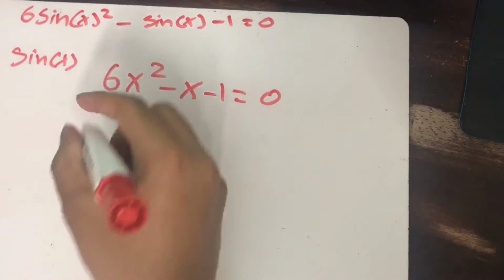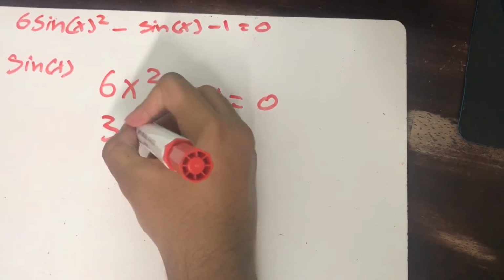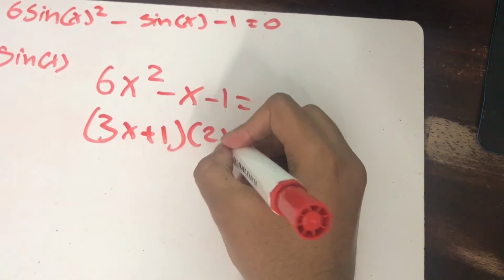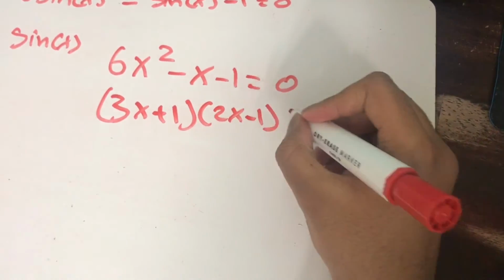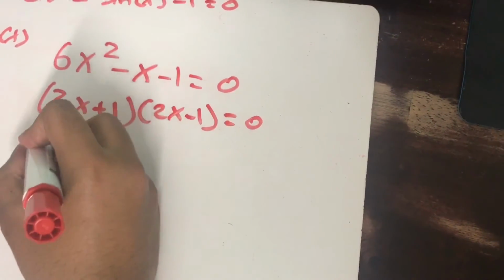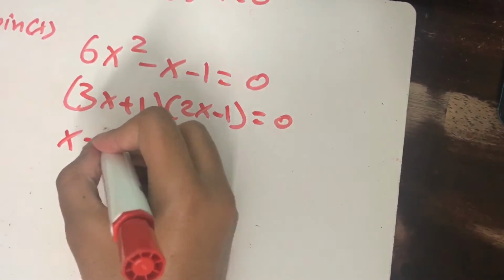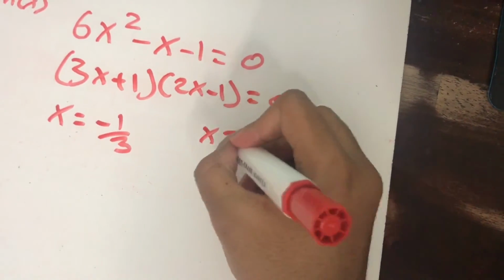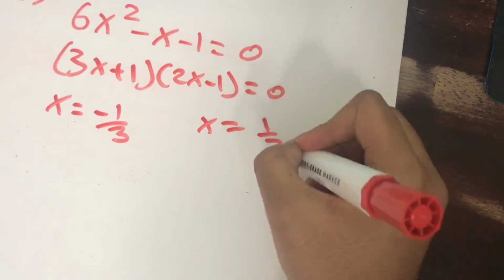When I factor this, it's going to be (3x + 1)(2x - 1) equal to 0. Then when I set them equal to zero, x equals negative 1 over 3, and x equals 1 over 2.